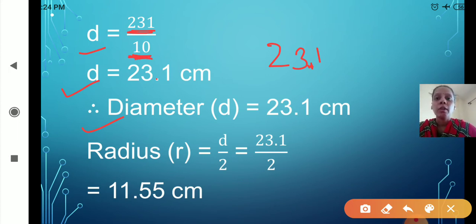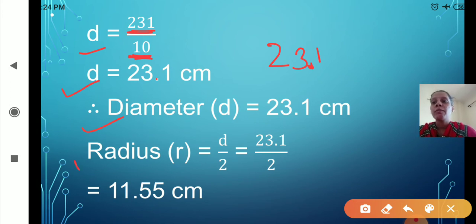Only one zero. Right. So you will put the decimal point after one digit from right hand side, not from the left hand side. Okay. So from the last digit you will count and after this one number you will put the decimal point. Now so the answer is 23.1 centimeter. This is diameter. Now you will find out radius.